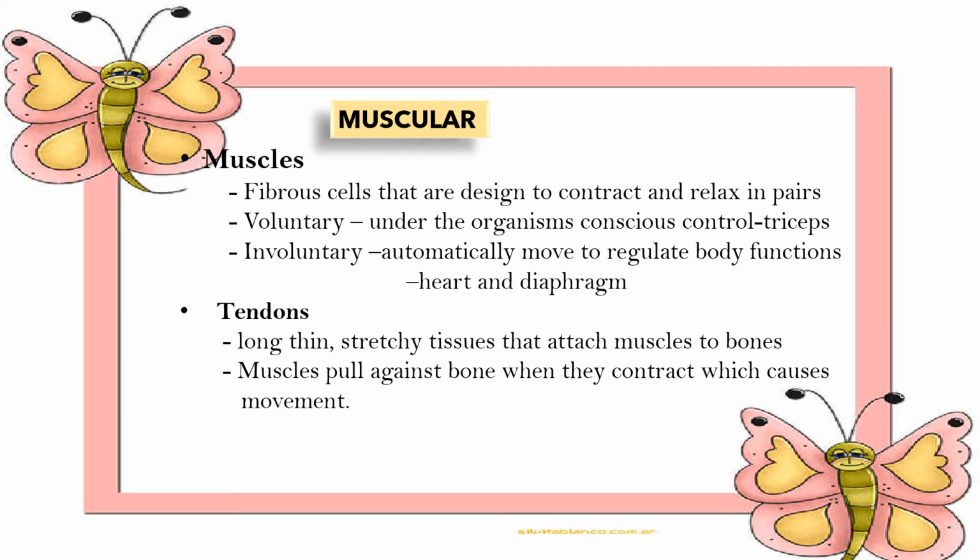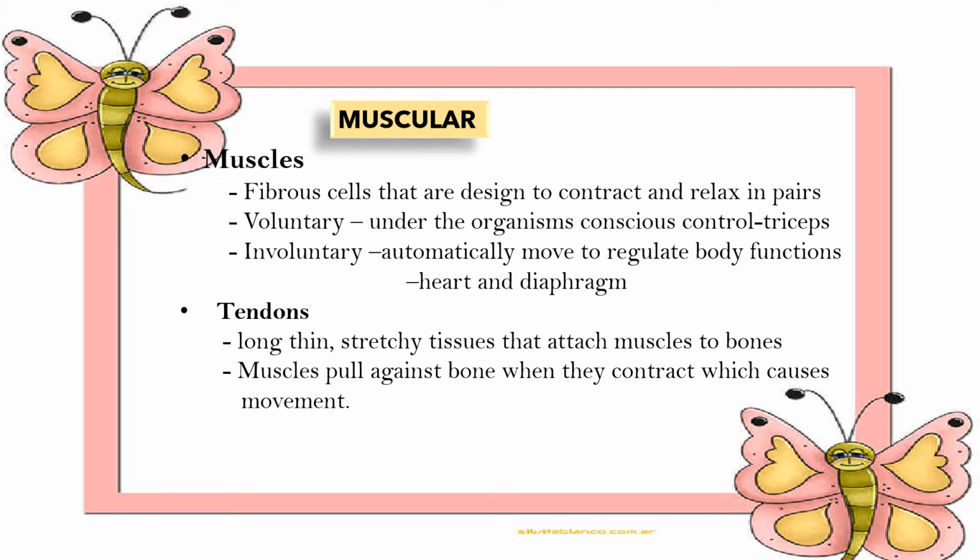You need your muscle also to protect your skeletal organs. So, voluntary muscle is under the organism's conscious control, like the triceps, and you have the involuntary muscle that automatically moves to regulate body functions, like the heart and diaphragm.